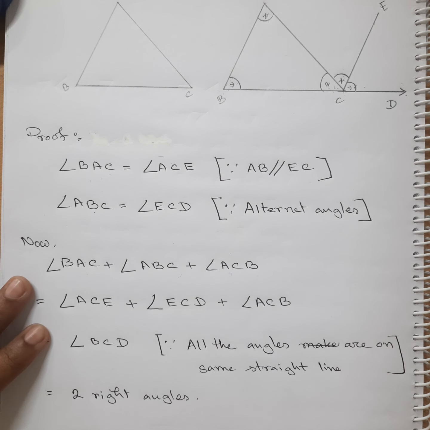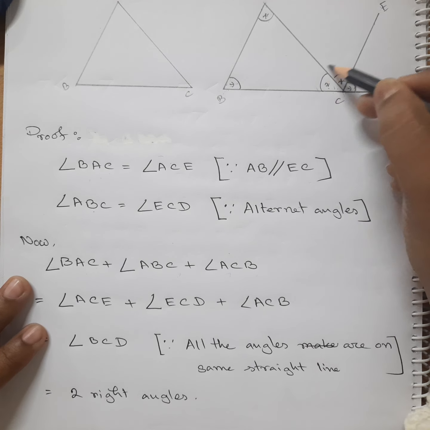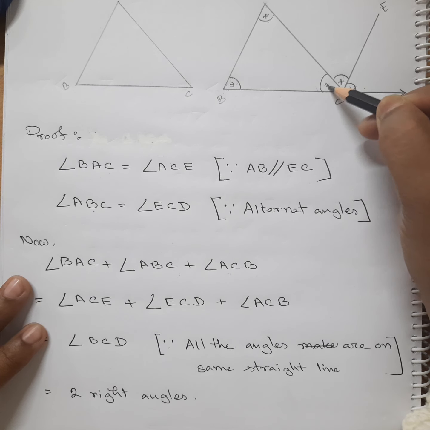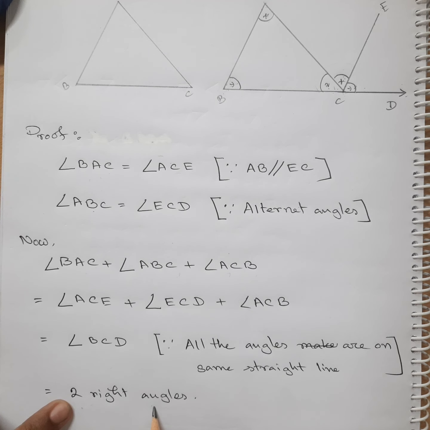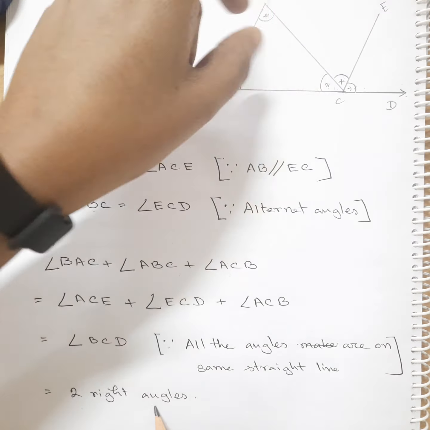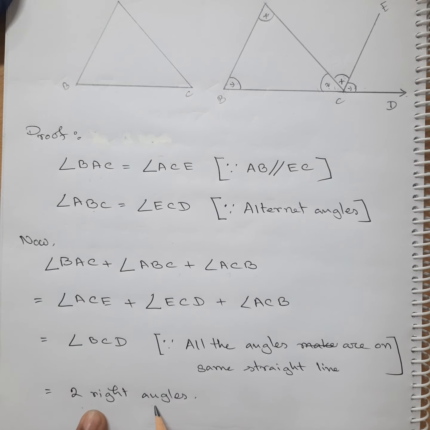At that time, we can say that adding this and that, we are getting 180 degrees. So we can say that 180 degrees is actually two right angles. All the angles, if we add, the sum is two right angles. So this one is also proved.